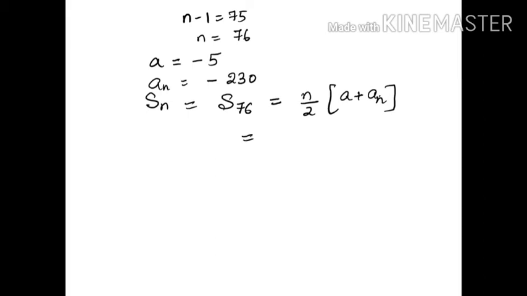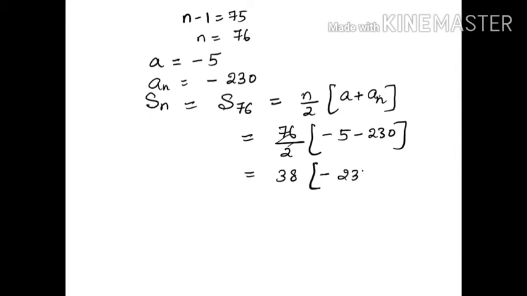So this is equal to 76 upon 2 times (minus 5 minus 230), which gives us 38 into minus 235. On multiplying we get minus 8930.